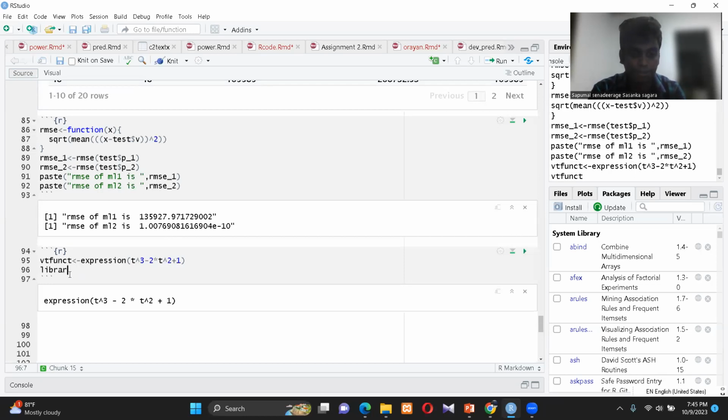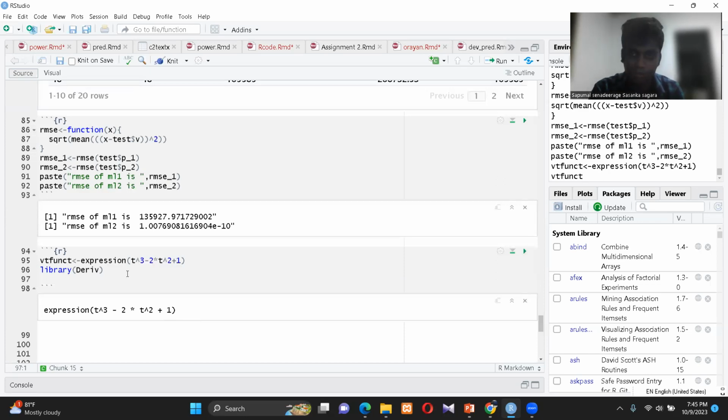So I'll use library deriv. This should be an upper case D, right? The function will work with derivative or upper D, it doesn't matter. I want to find the derivative of the expression VT function with respect to t.